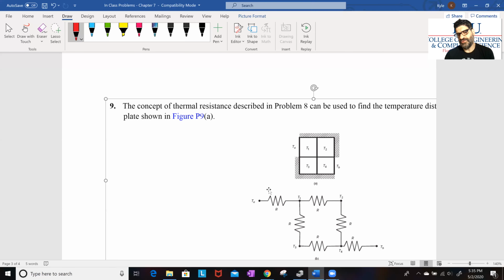But all these resistances, we call this the heat resistance, we don't really care so much about the value of R, because it will be given if it's conduction. In this case, if you look at this plate or this shape in there, it is divided into 4 quadrants, and each quadrant has its own temperature.